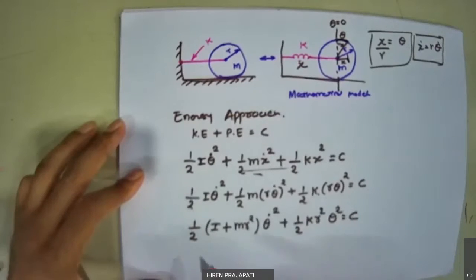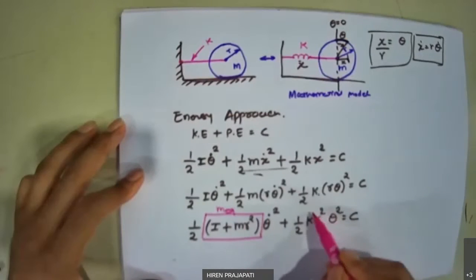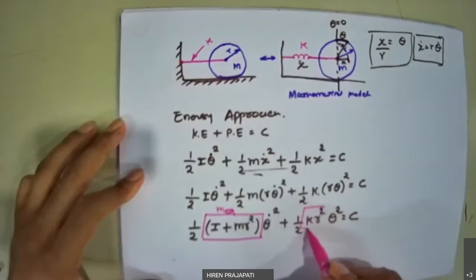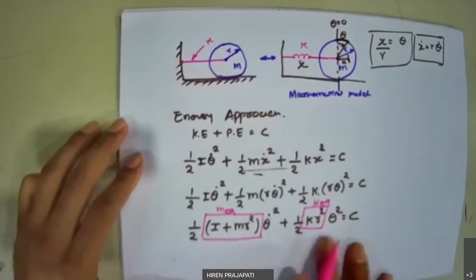Now if you look at this term, it's representing 1/2 m v square. So this is nothing but, I can say, equivalent mass. And if you look at this term, it's 1/2 k x square. So this is representing k equivalent. We can stop here as well.